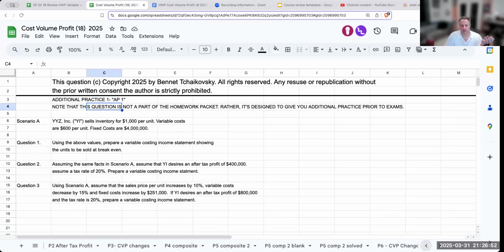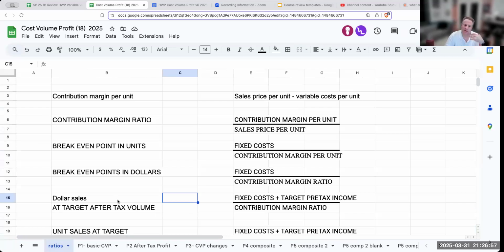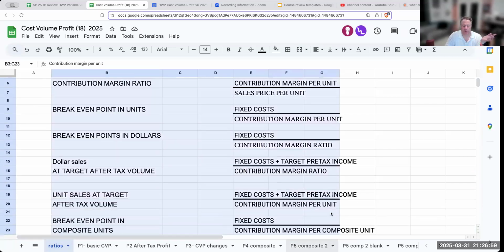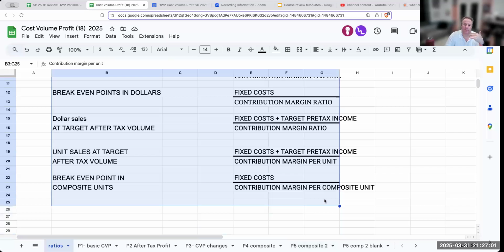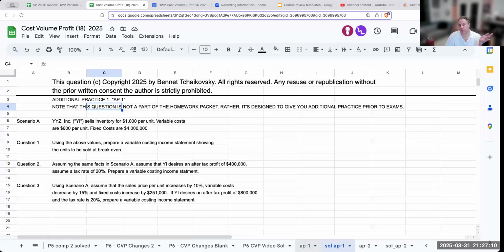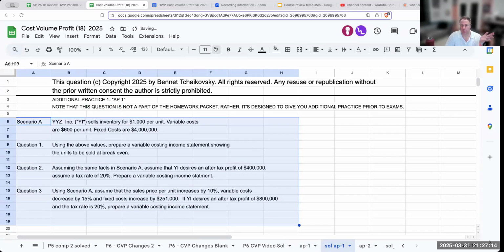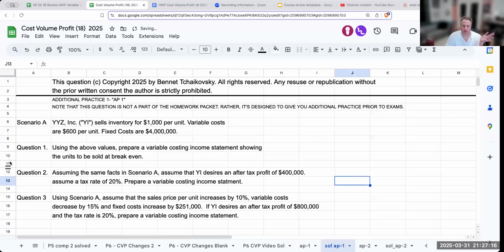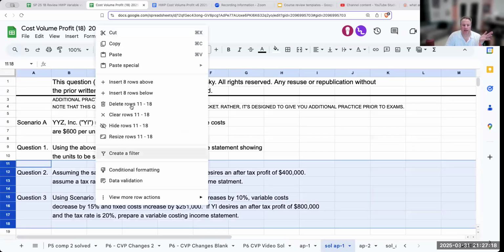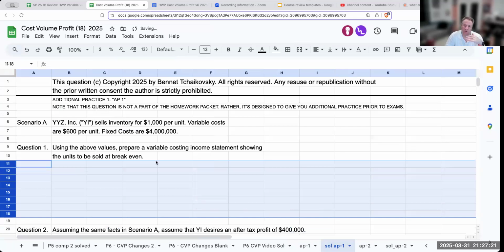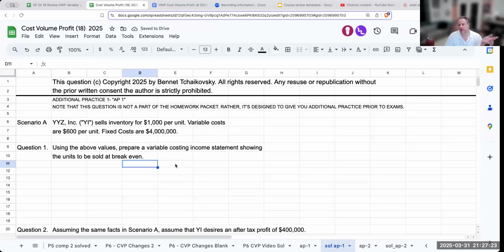The one thing I can tell you is where I've seen students make the most mistakes: I provide these different ratios, but when I throw in different parts of it, it ends up making it more difficult for students to solve the questions. So the way we want to approach these questions is to prepare variable costing income statements.